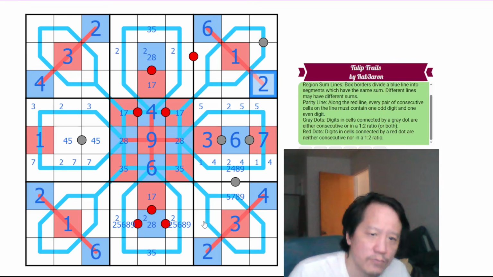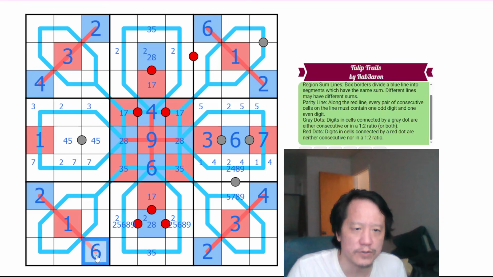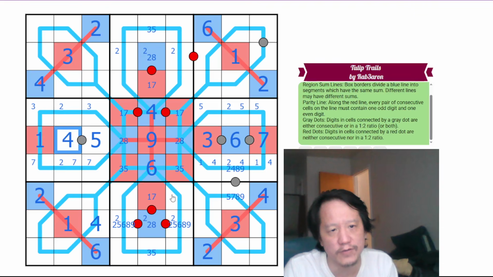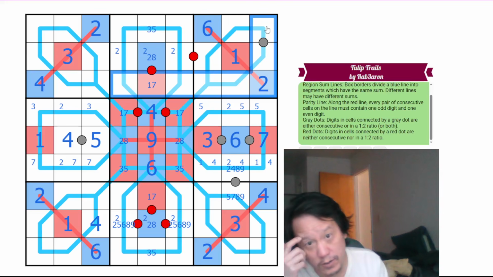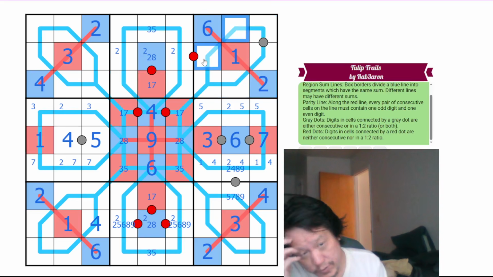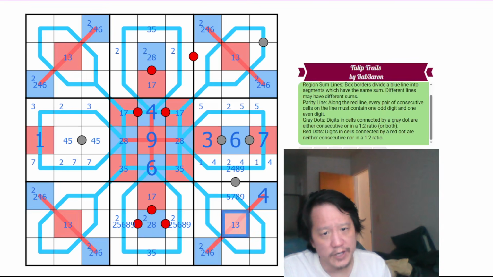Okay. 4 cannot be here or here, so it's one of those two. 4 can't be here, so that would force 4 to be there, and that's 5, that's 4. That seems okay. No 4 here, no 4 here. That would force 4 to be one of those two. So that is possible.